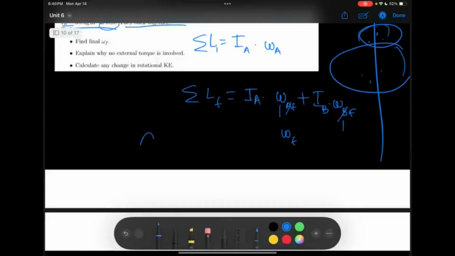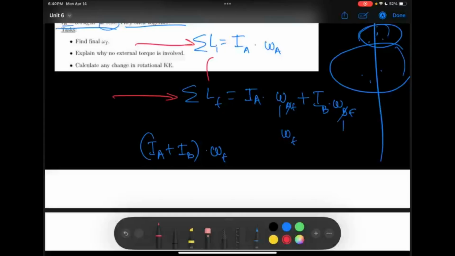So then in total, it's going to be the sum of these rotational inertias times an angular velocity, right? That's just some algebra. And then the important part is that these two will remain the same. So the initial angular momentum is the same as the final angular momentum.